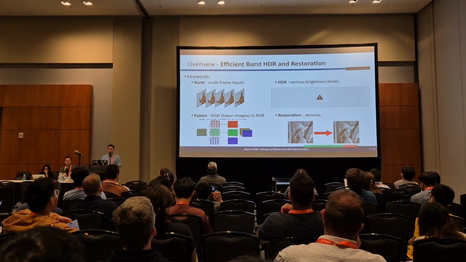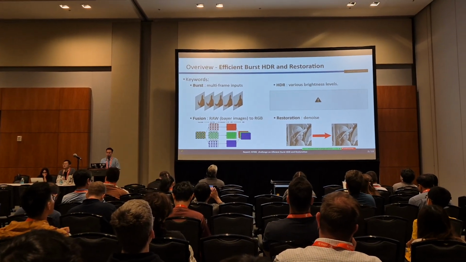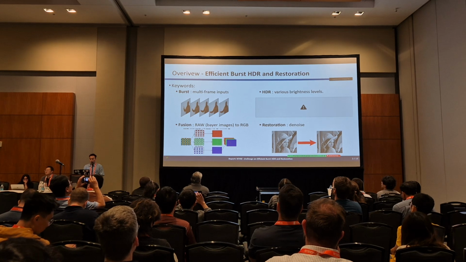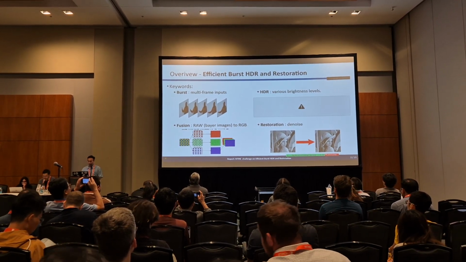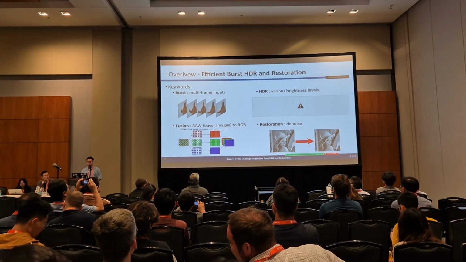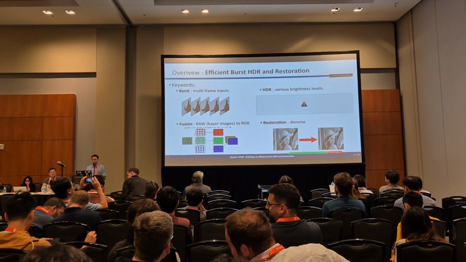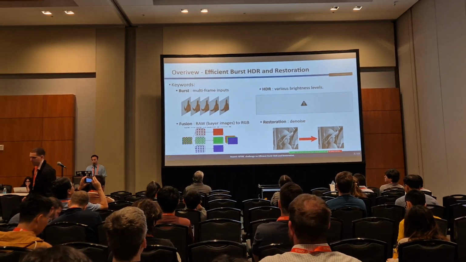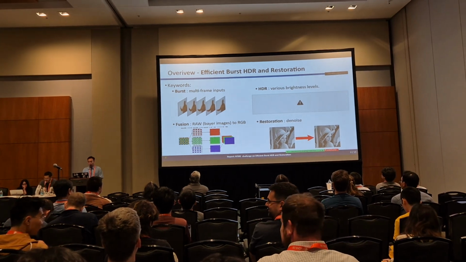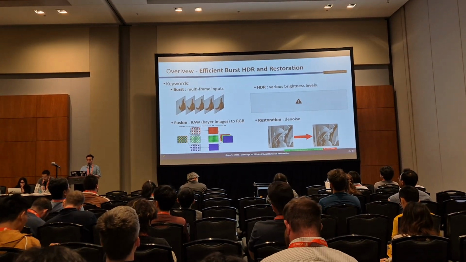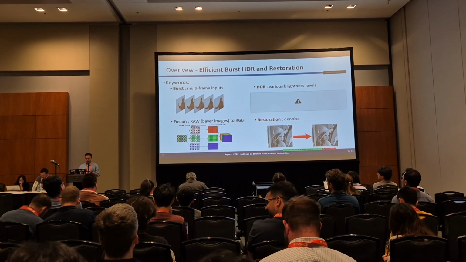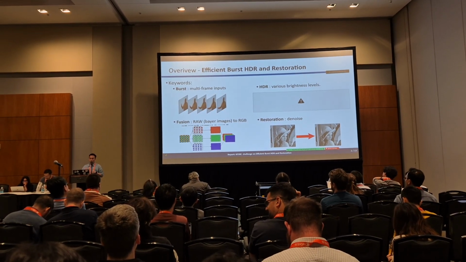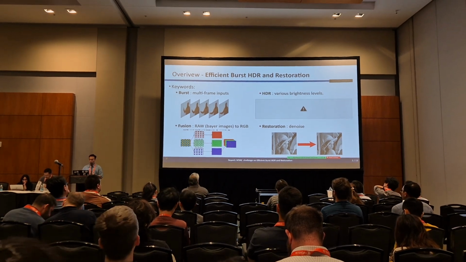Okay, so let me give you a brief overview of this challenge. I think there are 4 keywords. The first keyword is burst. It means there are multiple inputs captured in a short time in a group. So participants are required to combine those input images to make a clean output.